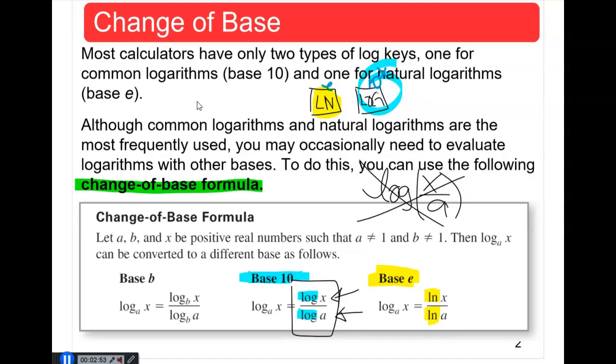If you choose to use base e, you will still have ln written twice, ln of x divided by ln of a. And when you enter something like this on the calculator, you have to make sure that you type either log or ln twice, one for the numerator, one for the denominator, but we'll do some examples.